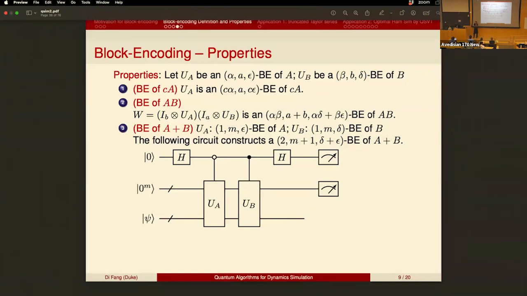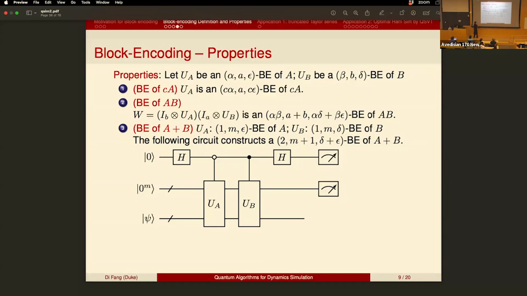Let's think about the operator. What does this alpha mean? The alpha means the upper bound for your matrix. When you have a matrix A plus B, where A is bounded by alpha and B is bounded by beta, their norm together is bounded by alpha plus beta. That's pretty reasonable. Do you agree with me?